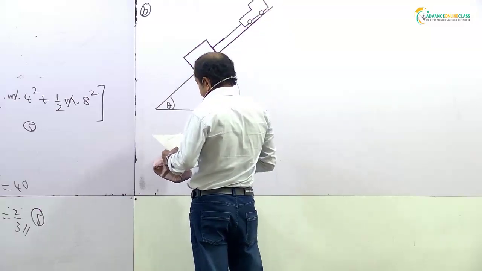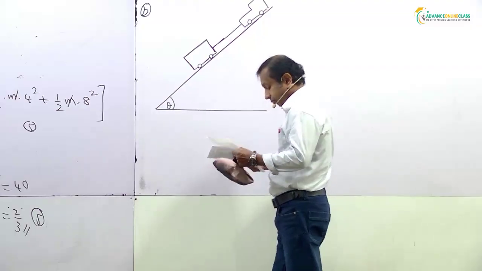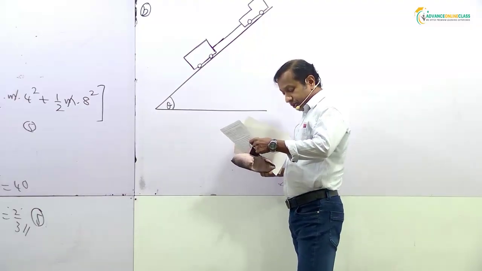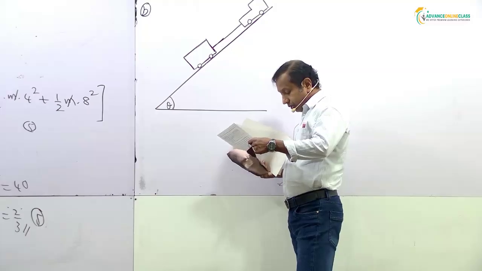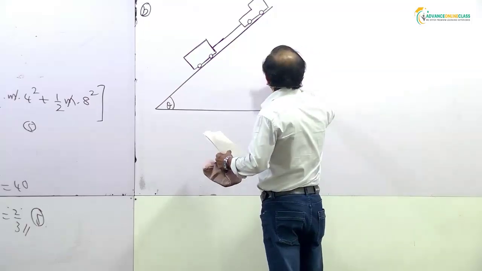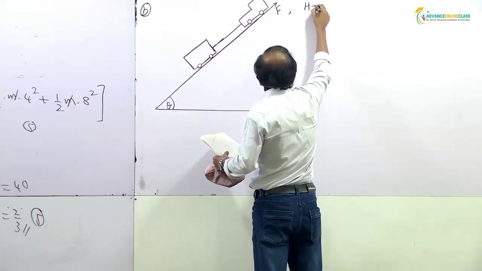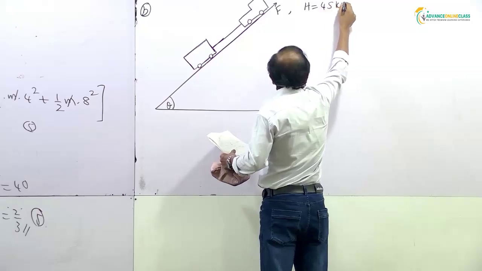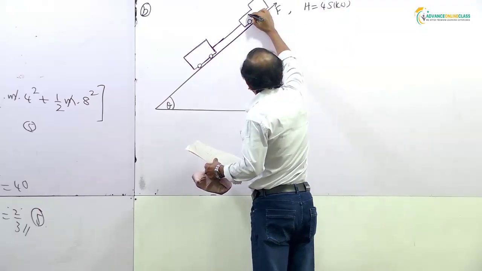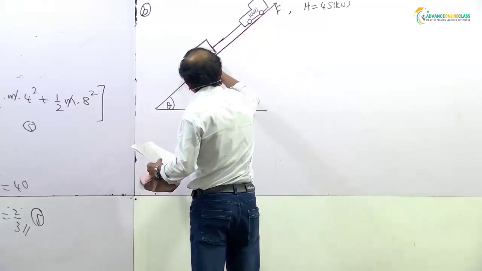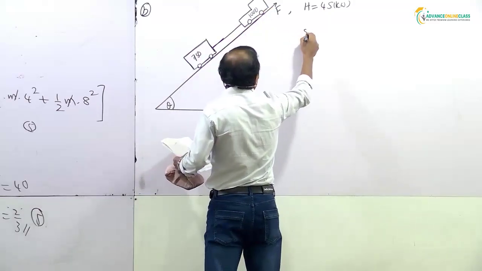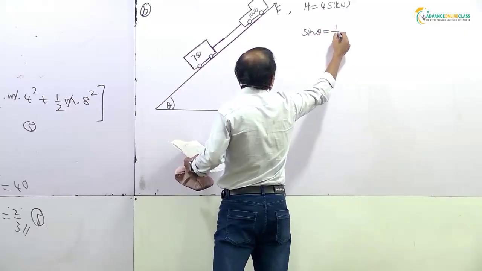Trailer 750 kilogram, truck 1000. The truck and the trailer have been joined. The power of the engine of the truck is 45 kilowatt. This is 1000, this is 750 kilograms. Sine theta equals 1/10.